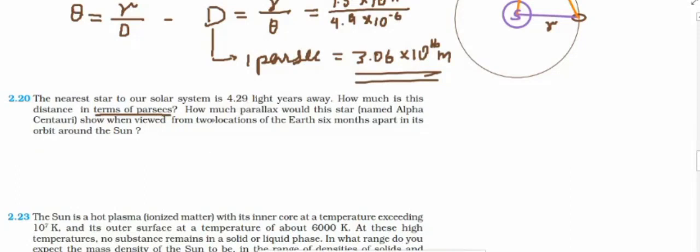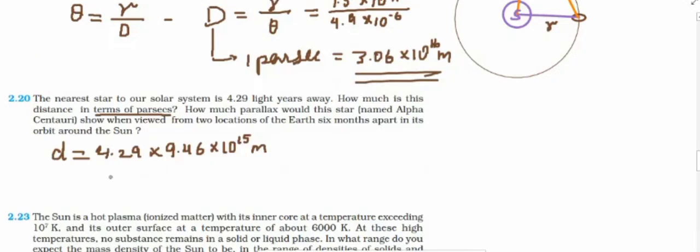So what can be done? First of all, the distance d we can calculate in meter. So 4.29 light year means 4.29 into 9.46 into 10 power 15 meter. And 1 parsec we know that it is 3.06 into 10 power 16 meter.